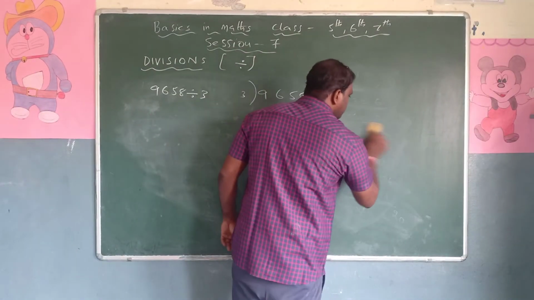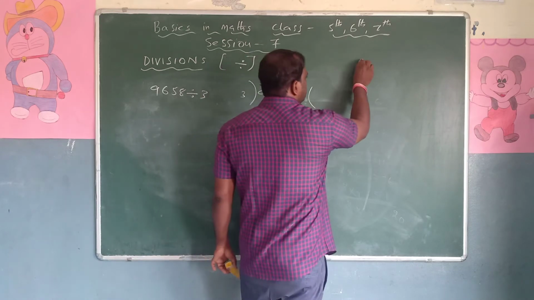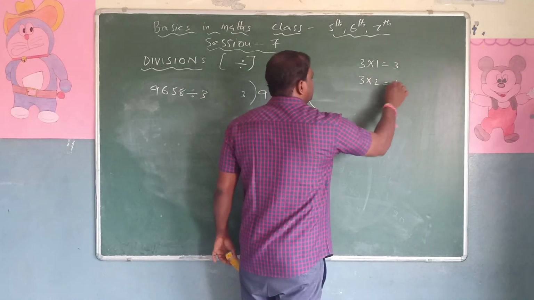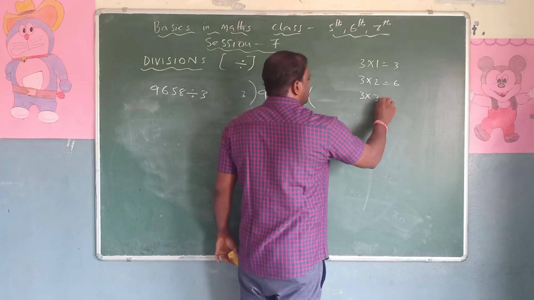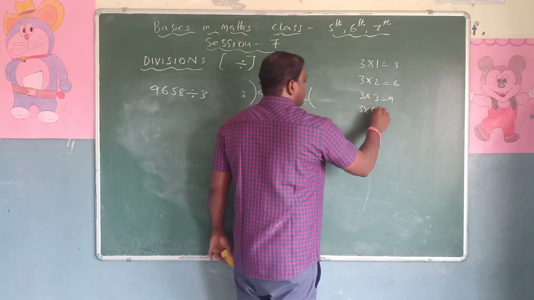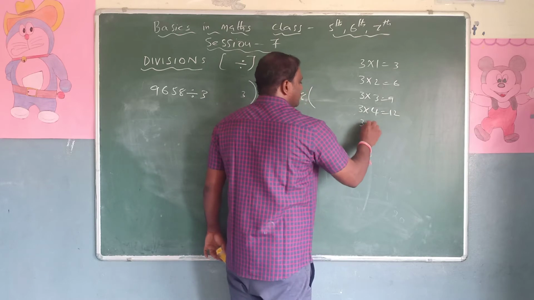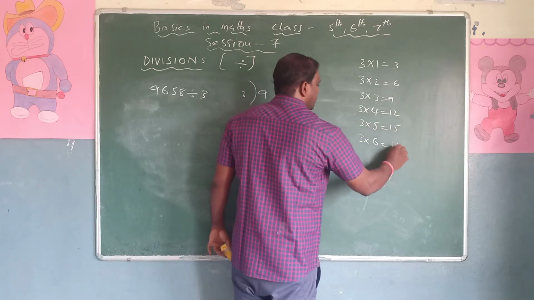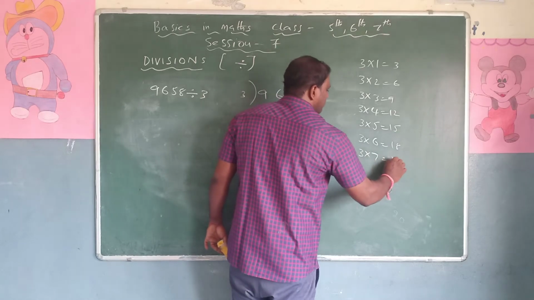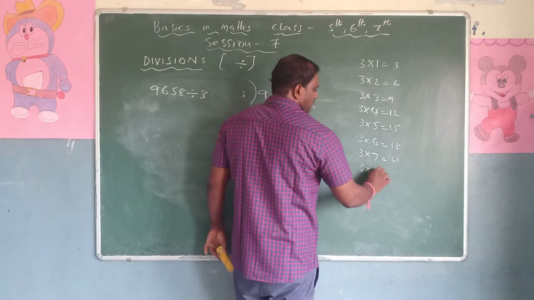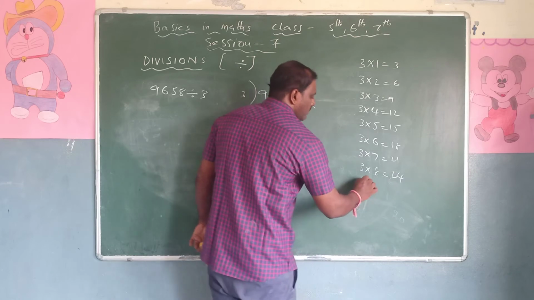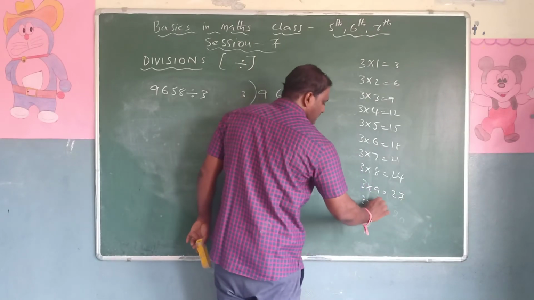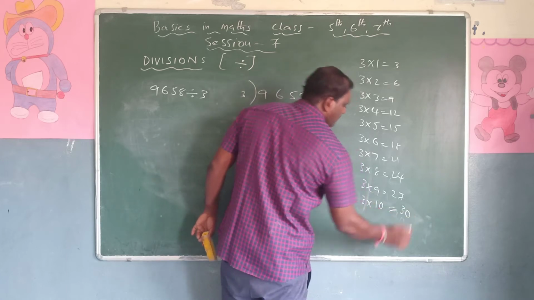I have to write the 3 table. 3 ones are 3. 3 twos are 6. 3 threes are 9. 3 fours are 12. 3 fives are 15. 3 sixes are 18. 3 sevens are 21. 3 eights are 24. 3 nines are 27. And lastly 3 tens are 30.